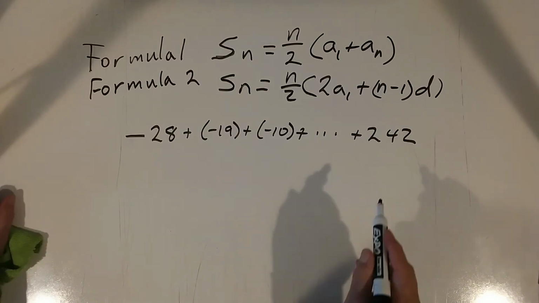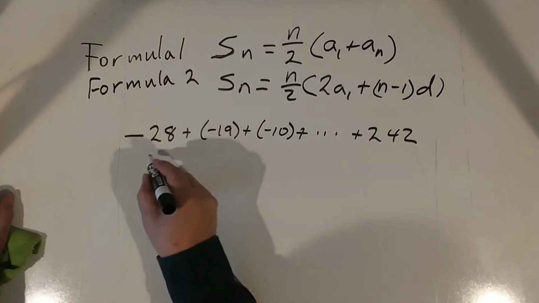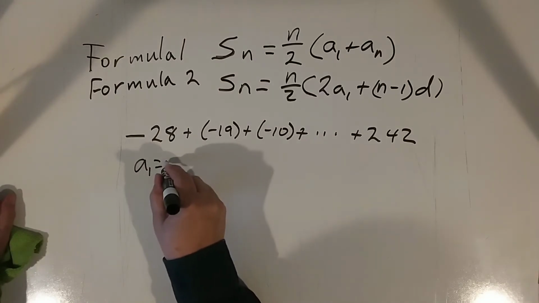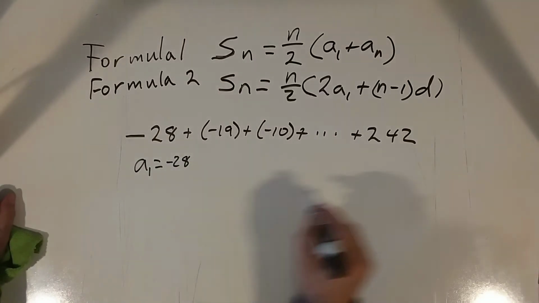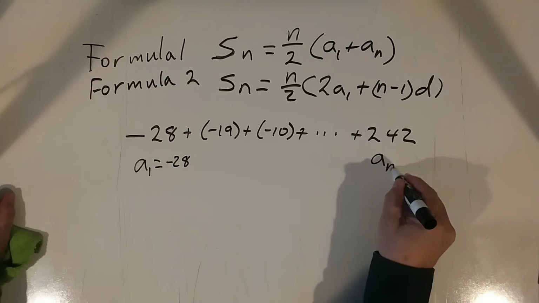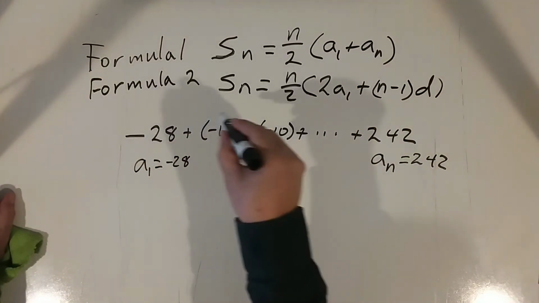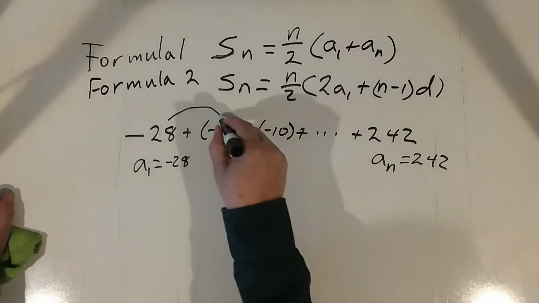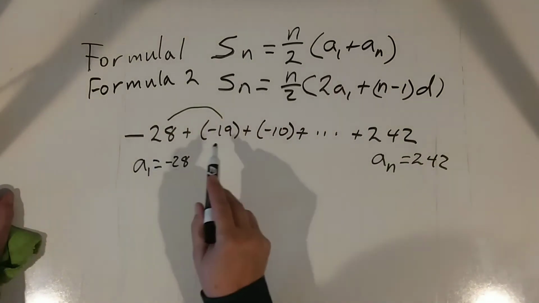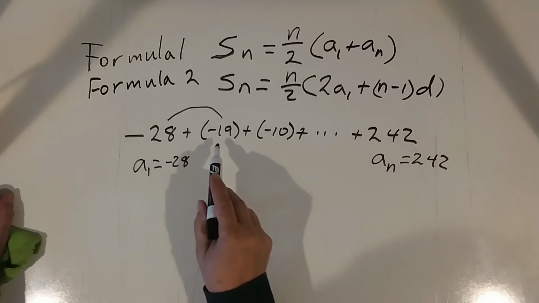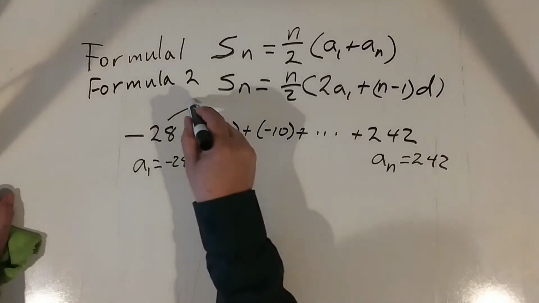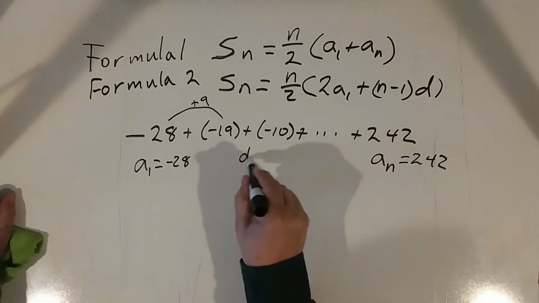Well, I have the first term, a sub 1 equals negative 28. I have the last term, a sub n equals 242. I can find the common difference. Let's see, when I go from negative 28 to negative 19, I've gone up 9. So the common difference is 9.